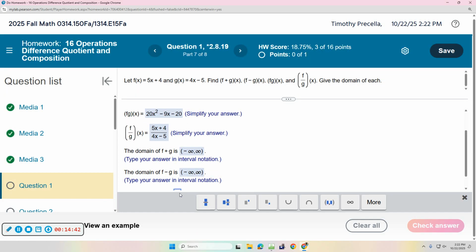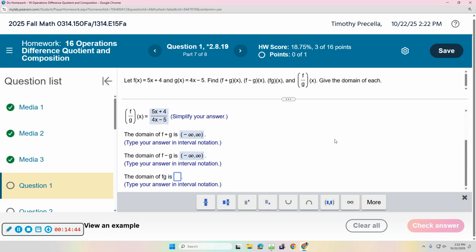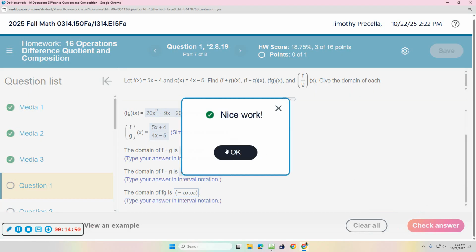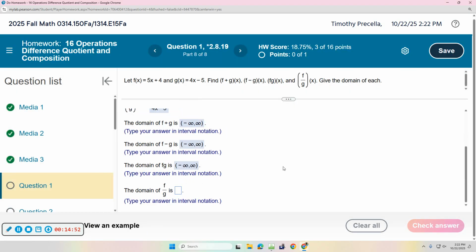We don't have a negative infinity to positive infinity hot button, but since we have to type it twice, I'm feeling lazy today. I'll just copy and paste it. But the domain of f divided by g, I'll tell you right now, it's not going to be all real numbers.